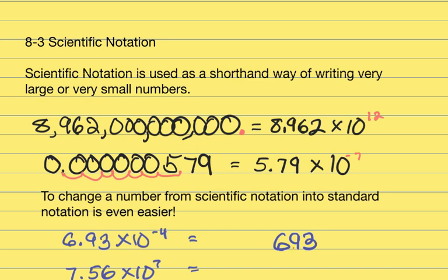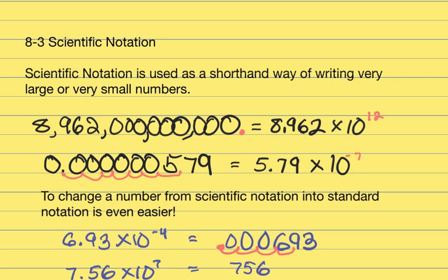So I'm going to go from here to 1, 2, 3, 4. Place my decimal and then add in zeros where I have hops but no numbers. And then for the bottom one, 7.56, I will write that number. And this time 10 to the 7th.